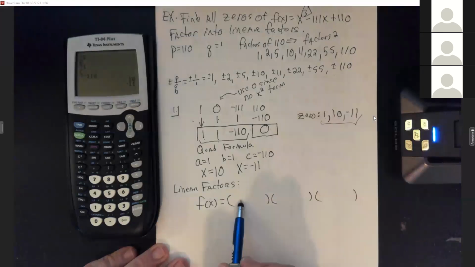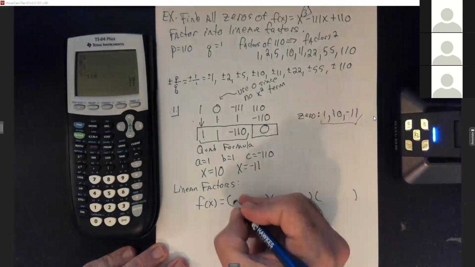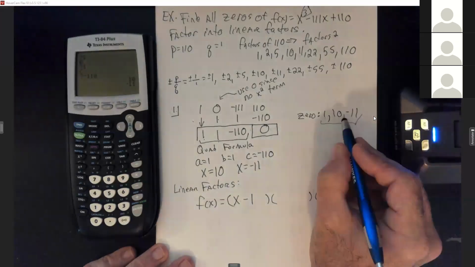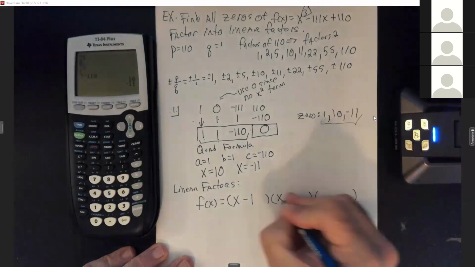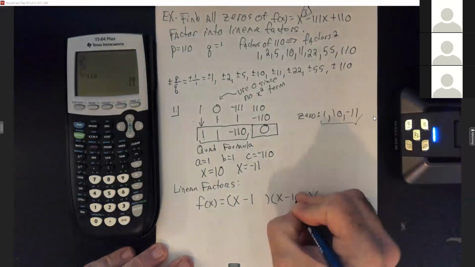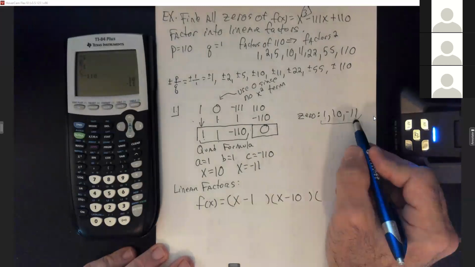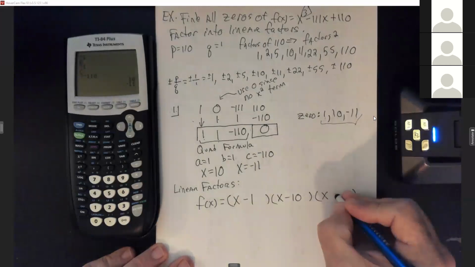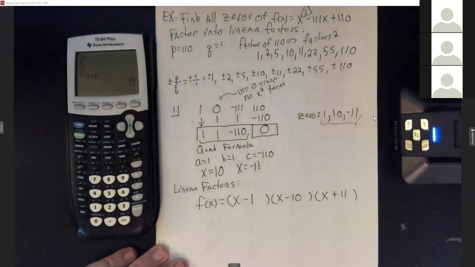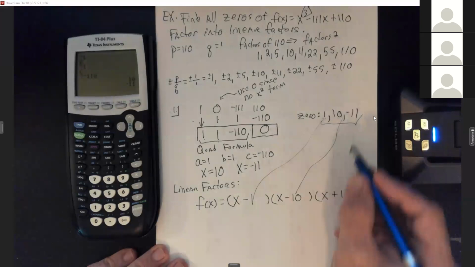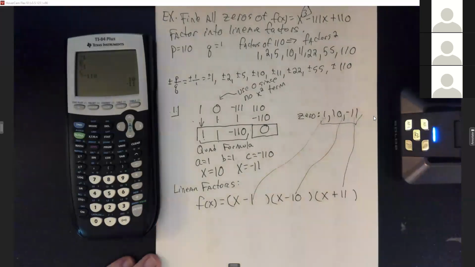Since that was a positive 1, my first factor will be x minus 1. Since that's a positive 10, the next factor will be x minus 10. And since that one's a negative 11, that factor will be x plus 11. So all we're doing is changing the signs when we put them into the factor form.